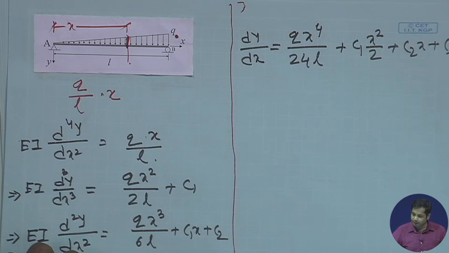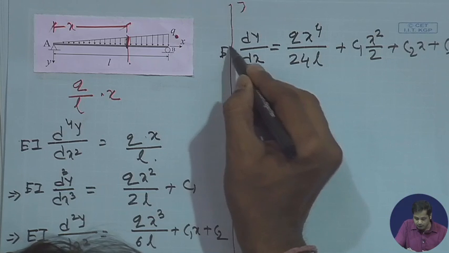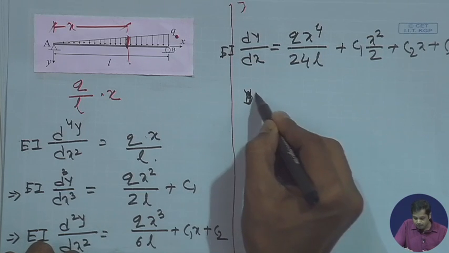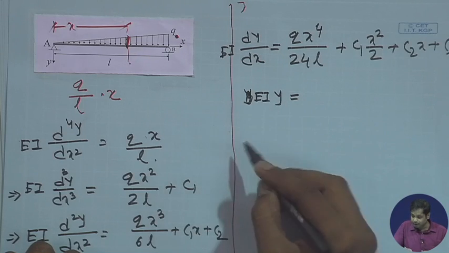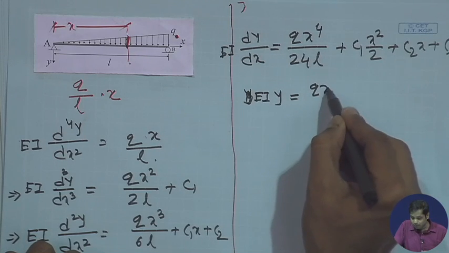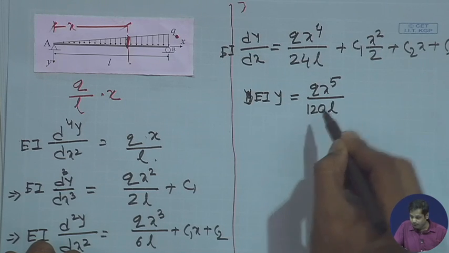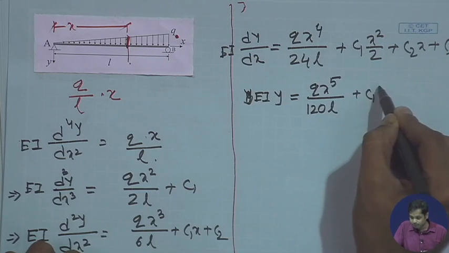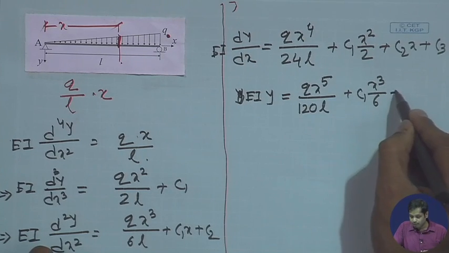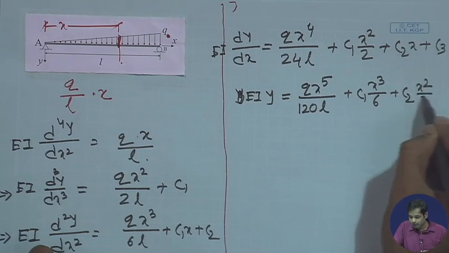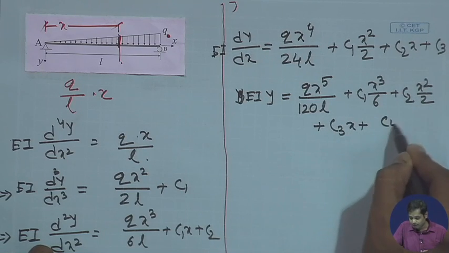Then finally, integrating from the slope, we get the final deflection, and this becomes EI y as a function of x = Q x to the power 5 by 120L plus C1 x cube by 6 plus C2 x square by 2 plus C3x plus C4.